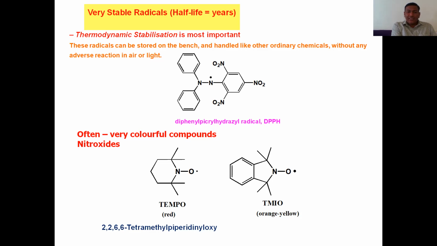Another one is often very colorful compounds like nitroxides. See, there are two structures, one is TEMPO and the other is TMIO, which are colorful radicals. TEMPO has a red color and TMIO has an orange-yellow color. TEMPO is 2,2,6,6-tetramethylpiperidinyloxy, and the other is a derivative of imidazole.